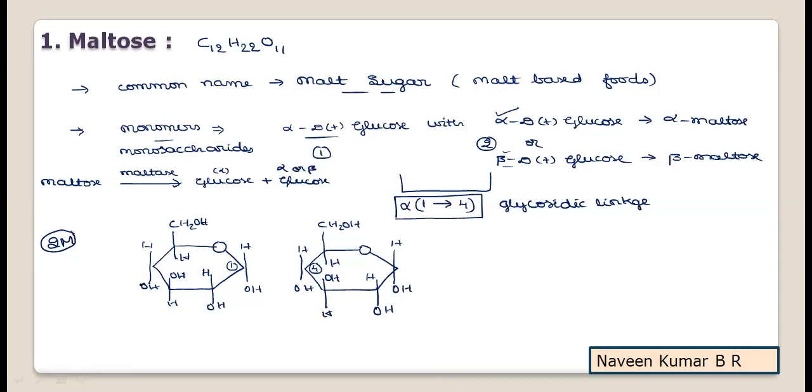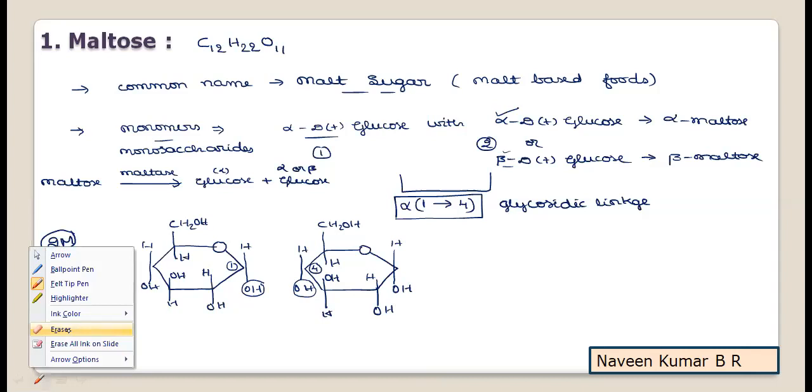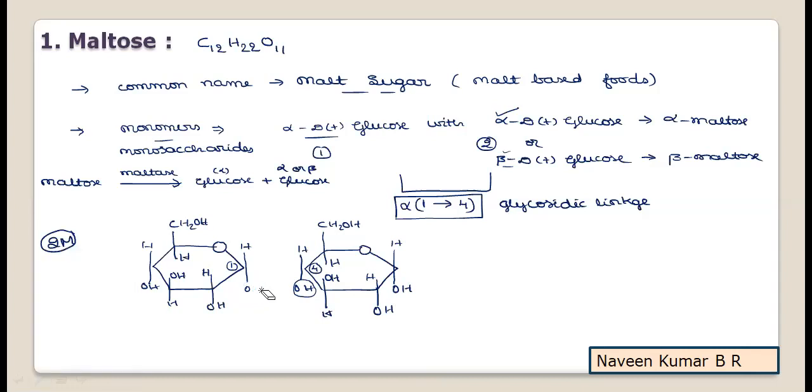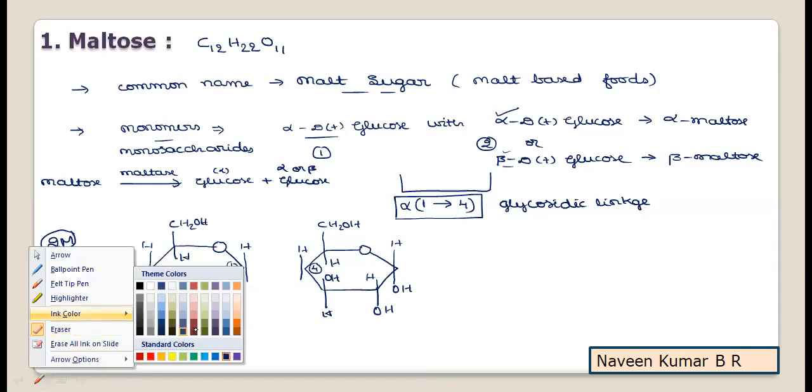Now these 2 monosaccharides' hydroxyl groups are going to interact. As a result of their interaction, just observe what happens. Now on this hydroxyl group, the oxygen is left, just assume, and this hydroxyl group is removed in the form of water. Now assume that the oxygen is linking the 2.